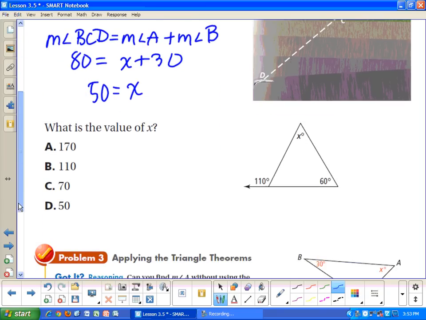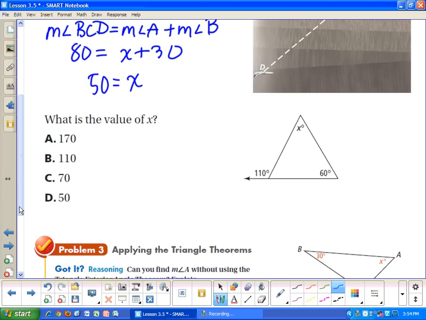In this next problem, according to the triangle exterior angle theorem, the sum of the two remote angles is equal to the opposite exterior angle.